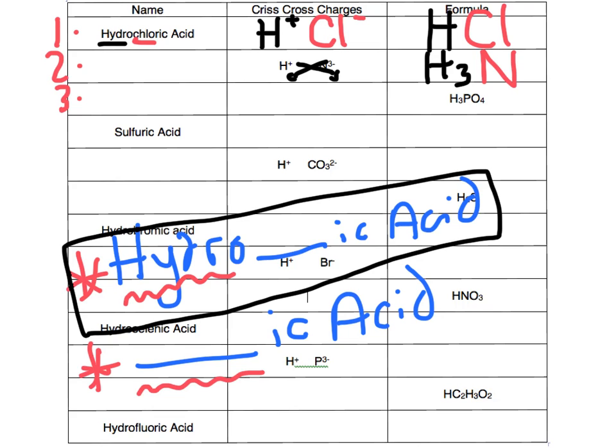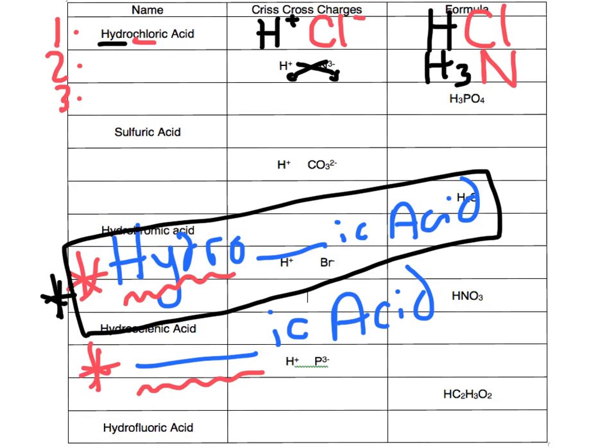Remember, hydro is for simple compounds that, again, I have directly from the periodic table the identity of my anion. When I use ic acid, it's one of my polyatomic ones that I have to memorize. So I have nitride. I just have an N. That is a very simple anion. And so that means I must start with hydro.